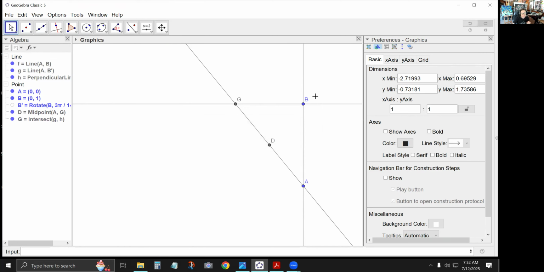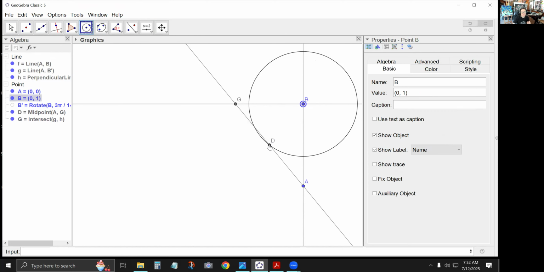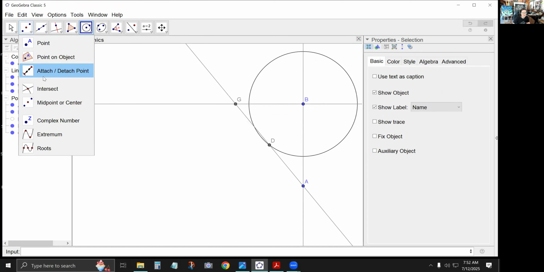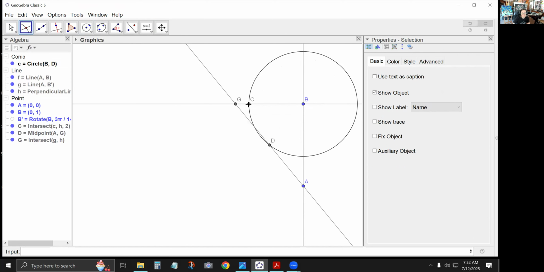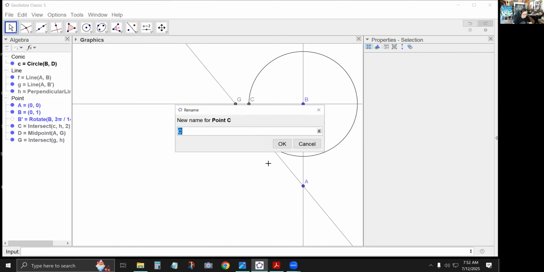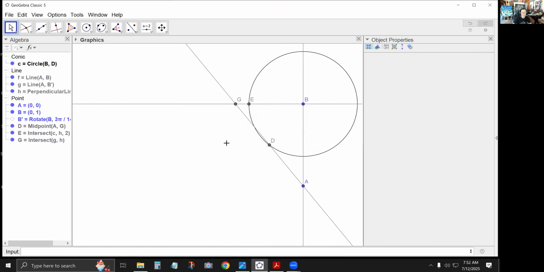Well, AD is the same as BD. So the easiest way to get this is to put in a circle BD, and now we can put point E here with the intersect tool. I hope you got that.